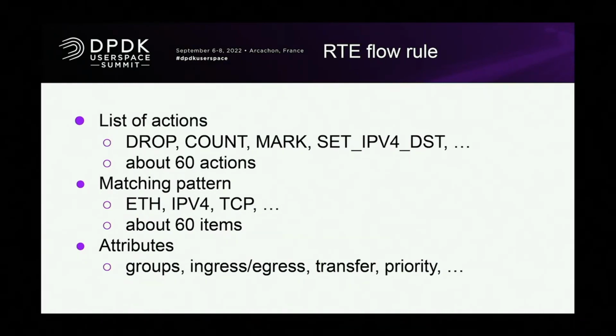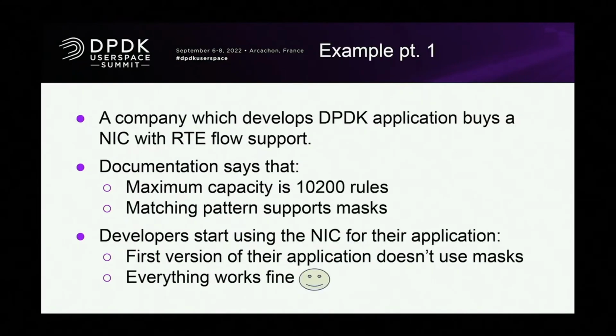From my point of view, RTE Flow is a great API, but it has its downsides as well. It's kind of hard to explain, so I've prepared an example to show what is not that convenient for the user.